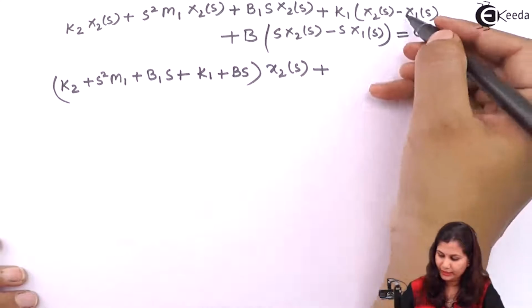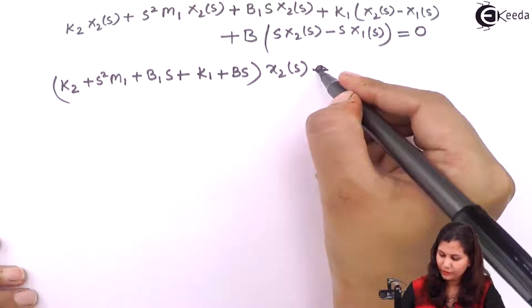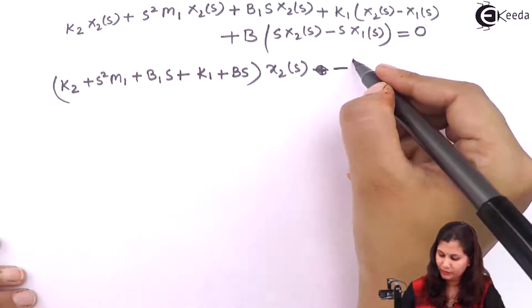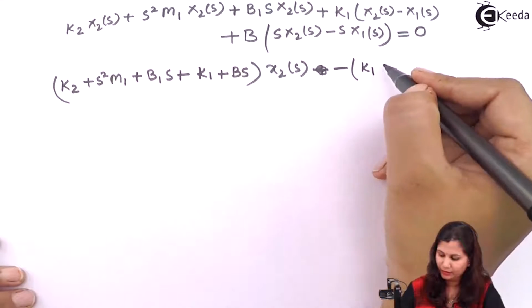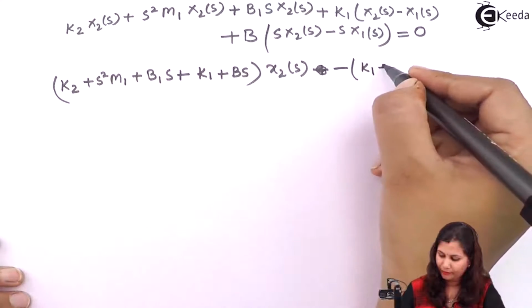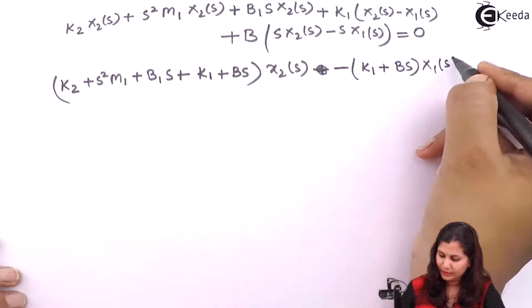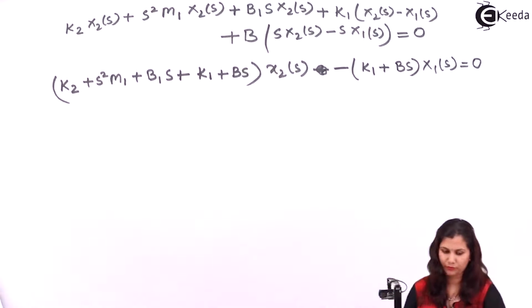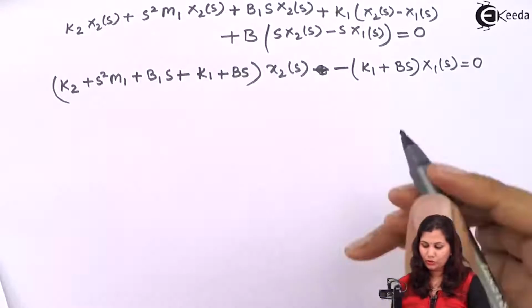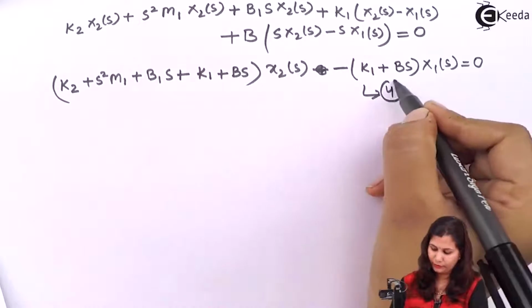So we will get minus here also, minus here also. So we can take minus common. Then we can have k1 plus bs times X1(s) equals 0. Okay, so this is our fourth equation.